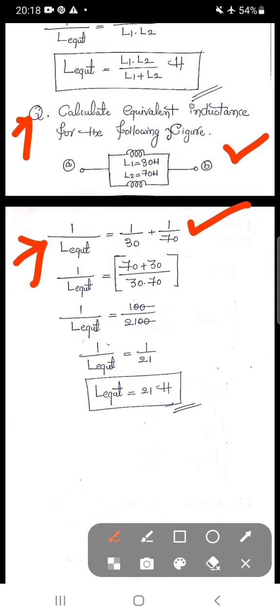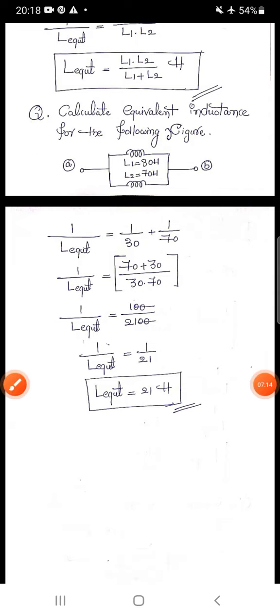Here it is 1 by 30 plus 1 by 70, where 30 is the value of L1 and 70 is the value of L2, so I am directly substituting.